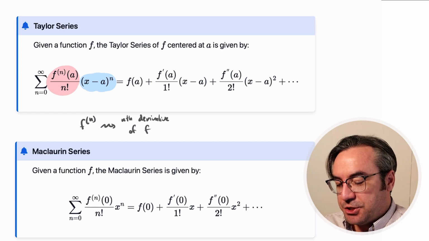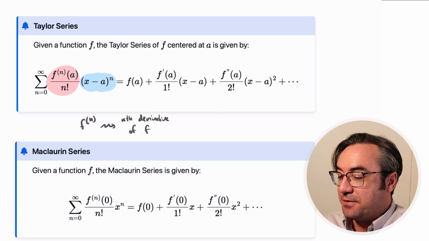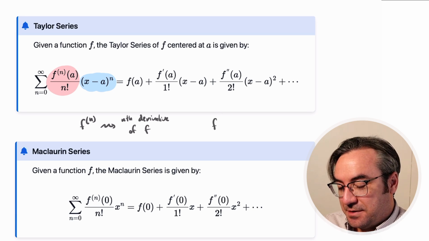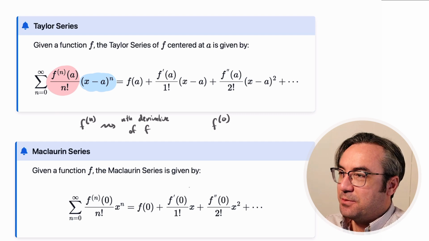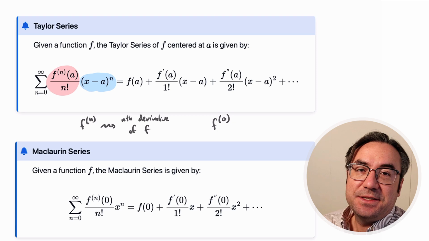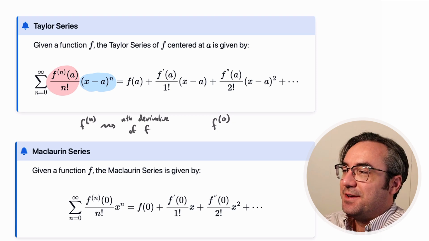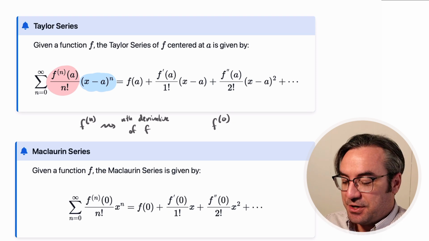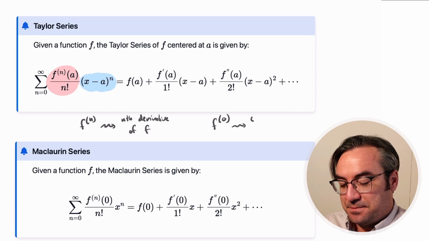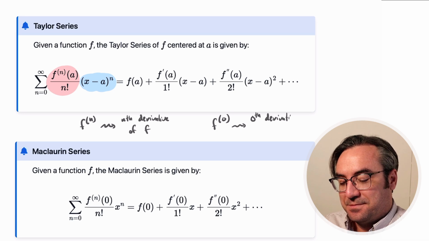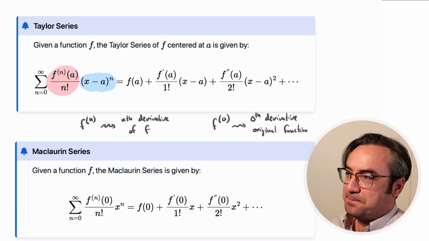And one thing about the notation also is, when n is 0, what does this mean? This just means the 0th derivative. So it's the original function. We haven't done any derivatives yet.